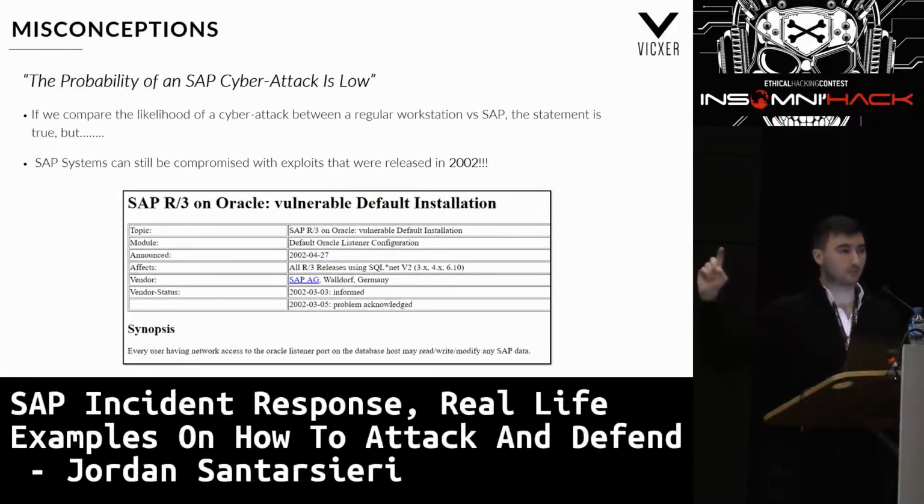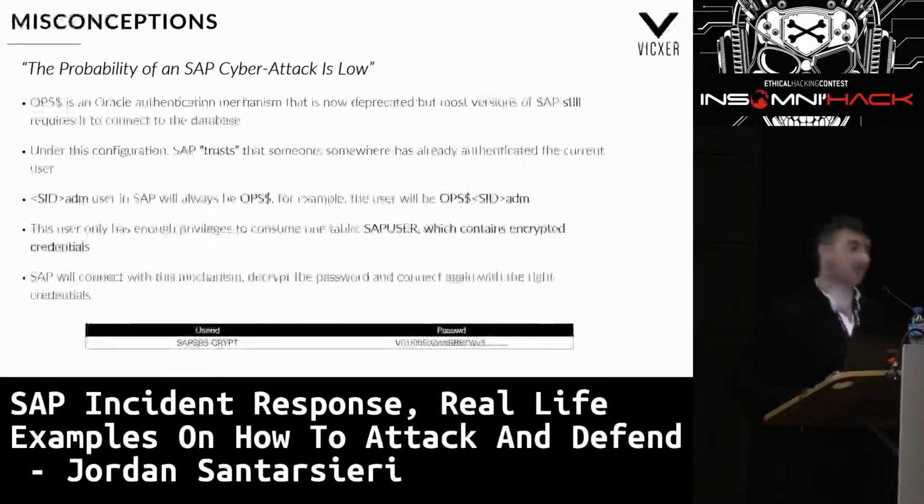And let me tell you that that exploit right there works like a charm, on 80% of the total SAP systems that are running out there. It works perfectly, and it will give you total access to the SAP database without even typing the username and password. Let's take a look at why this happens.